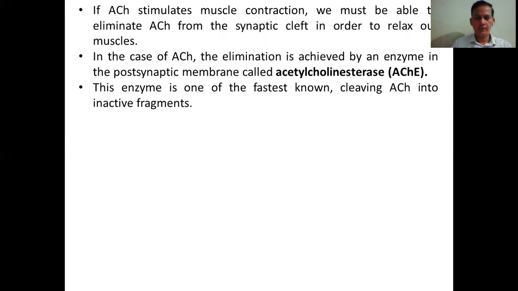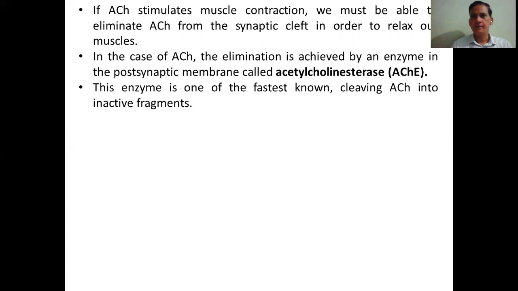If that stimulus is removed, only then will the muscle come to the relaxing stage. In case of acetylcholine, there is an enzyme named acetylcholine esterase at the postsynaptic membrane. This deactivates the acetylcholine into smaller fragments, and those smaller fragments are inactive.